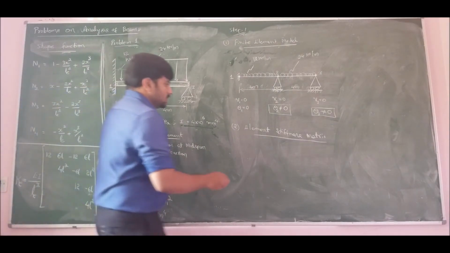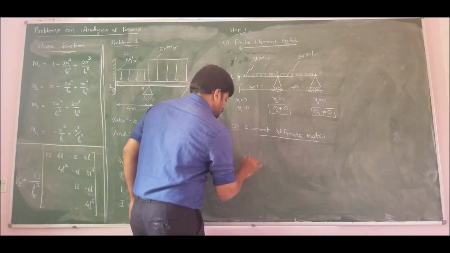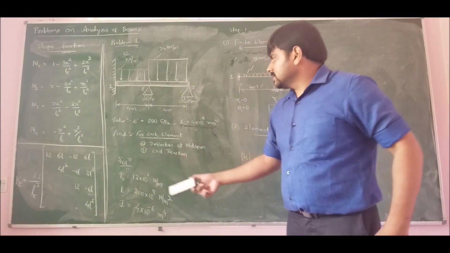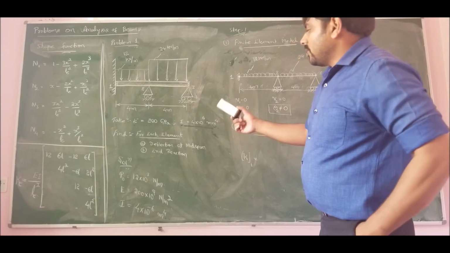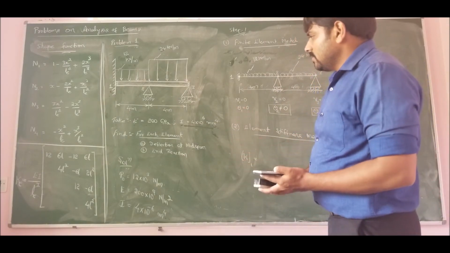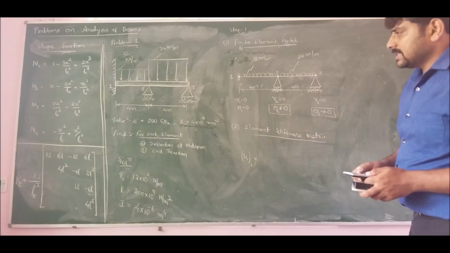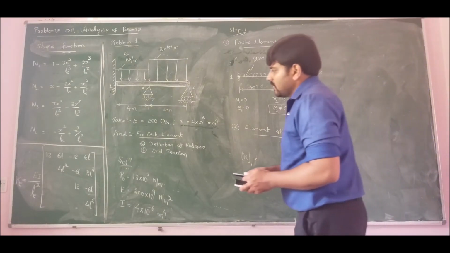So the stiffness matrix for element 1 is equal to, E is given as 200 into 10 to the power of 11 newtons per meter square, I is given as 4 into 10 to the power of minus 6 meter to the power 4, and length is given as 4 meters.